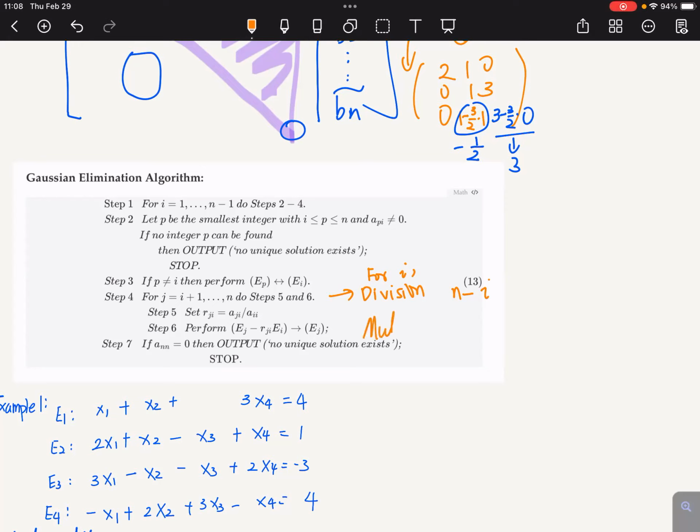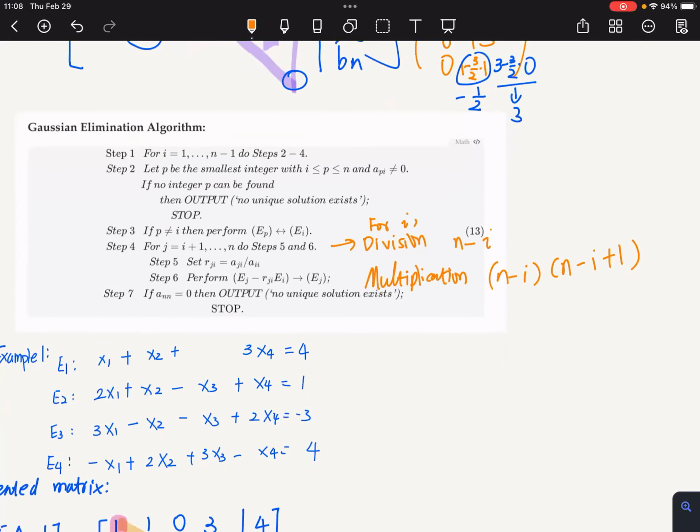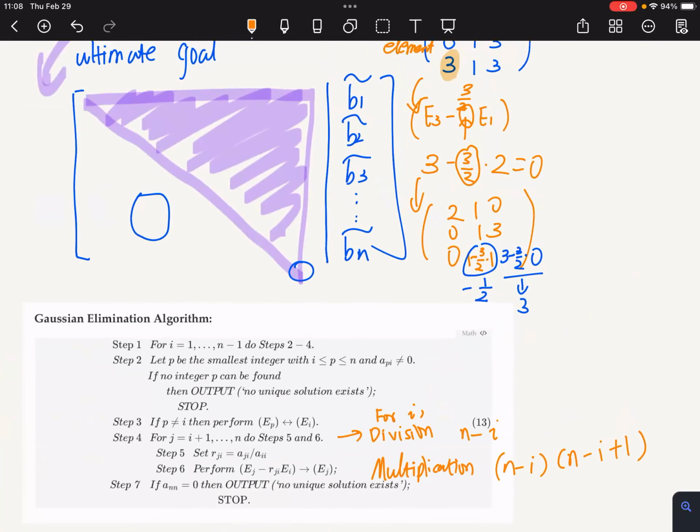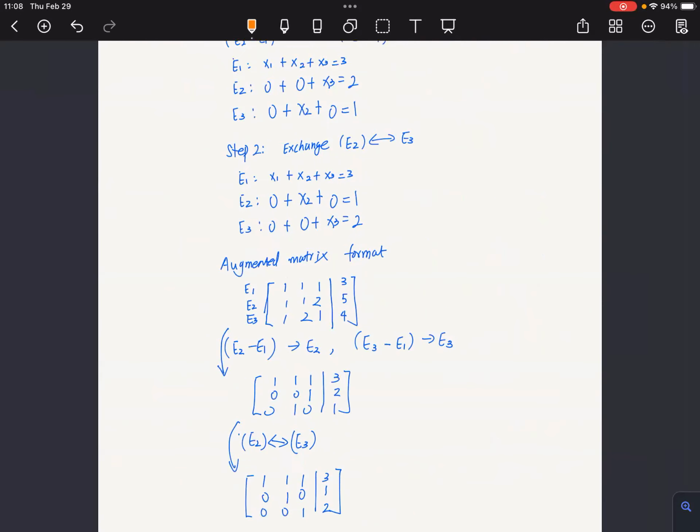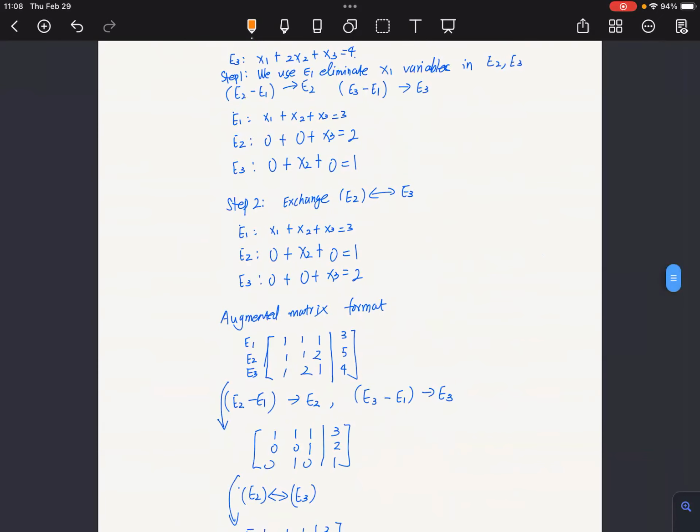And how many multiplications? First we know that we need to update n minus i rows, and for each row there are n minus i plus 1 multiplications.